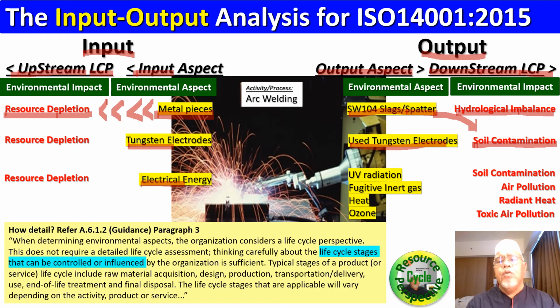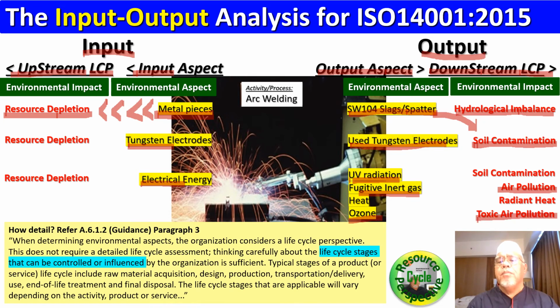Some of it is UV radiation that causes air pollution, inert gases, fugitive inert gases that cause air pollution, and heat, radiant heat. Ozone is being released as well, and it has caused toxic air pollution in this area.